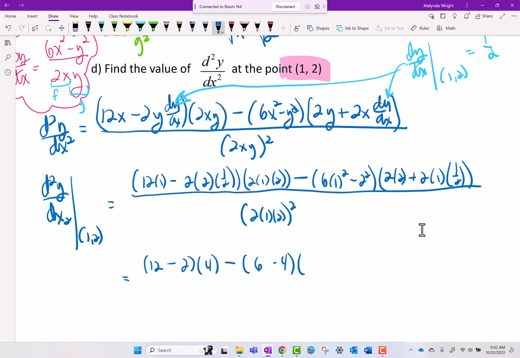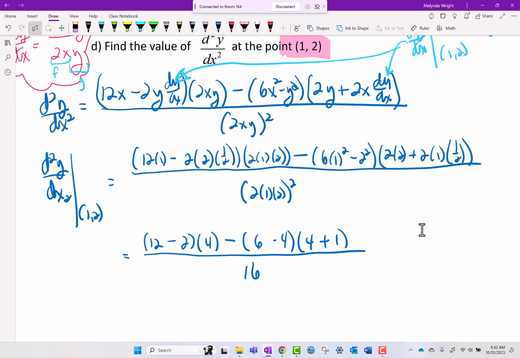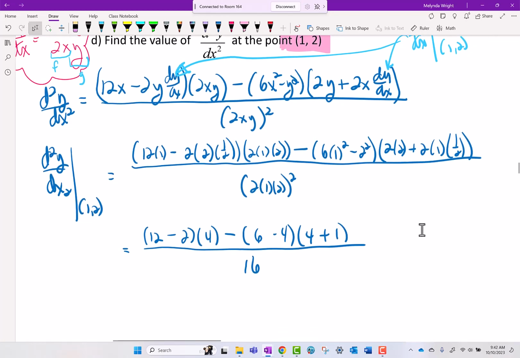I've got 2 times 2 is 4, plus 2 times 1 times a half is 1, all over, what is that? That's 4 squared, which is 16. So again, we're just doing arithmetic now.